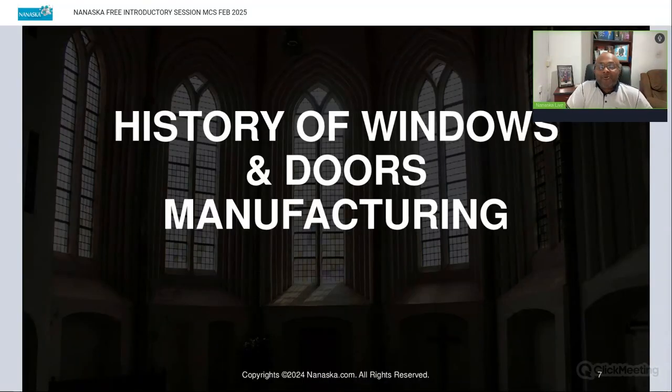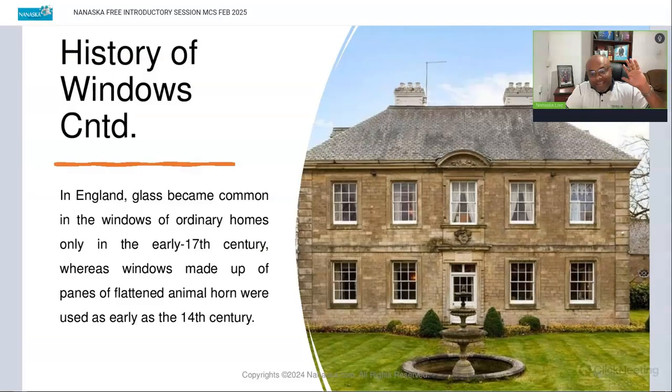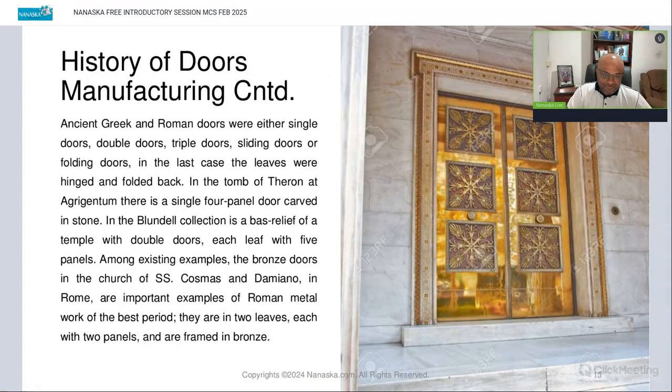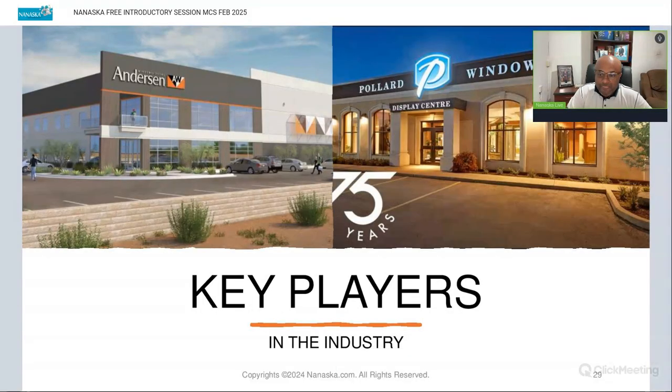We even go to the history of windows and doors, how windows and doors were manufactured in the past, in the 17th century. The journey of doors and windows we talked about. So KYI talks about a lot of details about the industry.